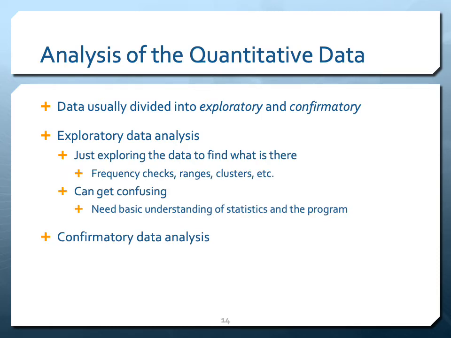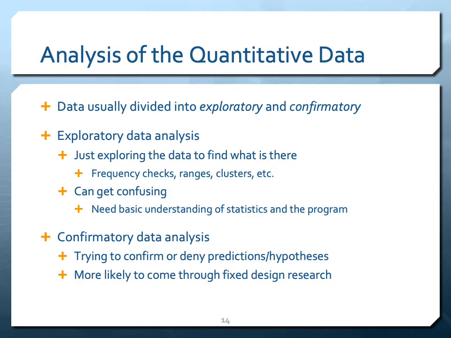When you're looking at quantitative data, and we've talked about some of this before, it's often exploratory or confirmatory, as in you're trying to discover something. With exploratory, you're looking into it just to see what's there, just to understand.